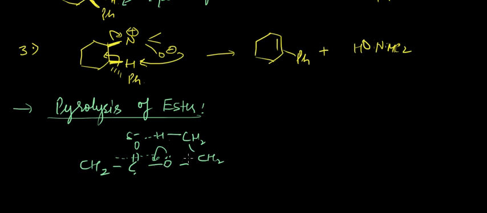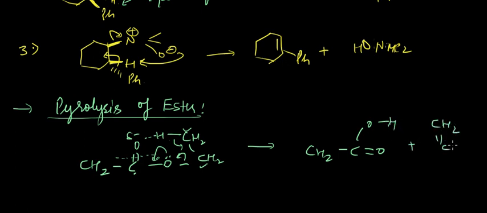Okay, and this bond would be withdrawn by the O plus to create a neutral charge on itself. So as this H and C bond is broken, this bond will be converted into a double bond between these two carbon atoms. So we would have something like CH3C(=O)OH plus CH2=CH2.